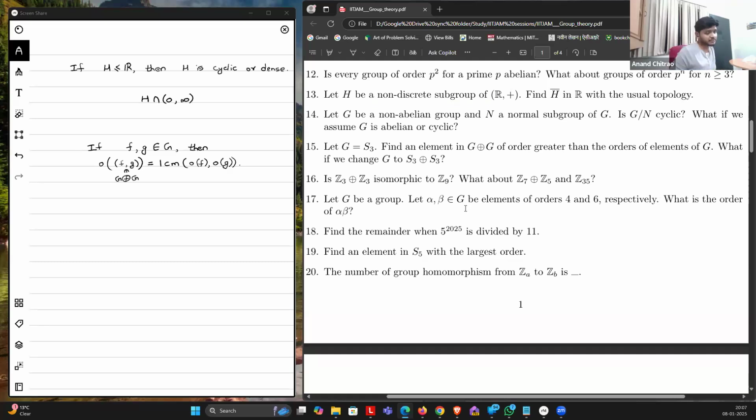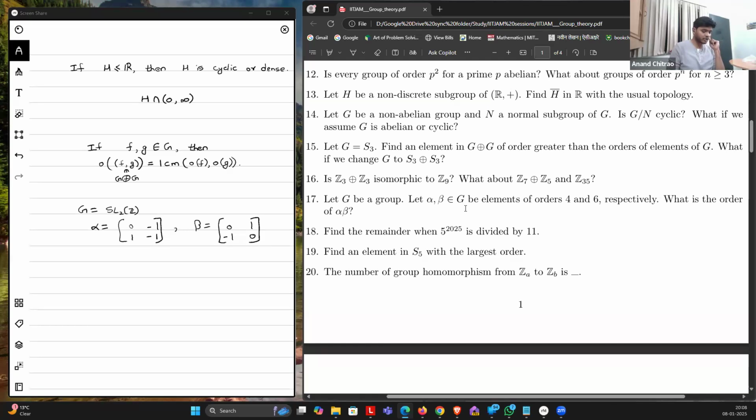So let me tell you the example. This is really interesting. Take G to be SL2Z. This has many interesting properties related to modular forms. Now, in this, you can take alpha to be (0, -1; 1, -1), and beta to be (0, 1; -1, 0).